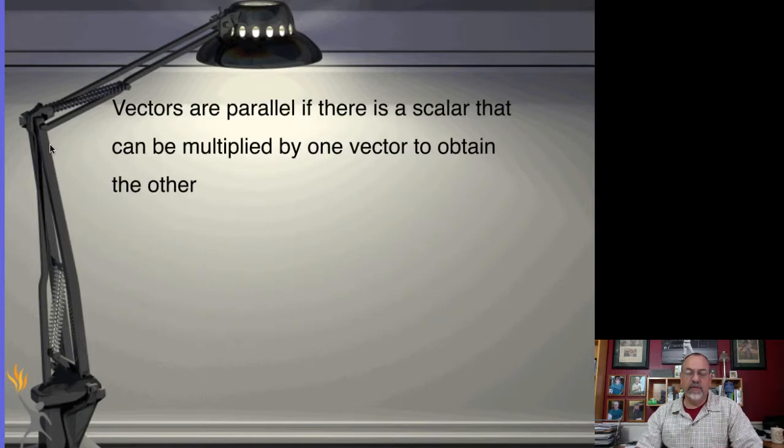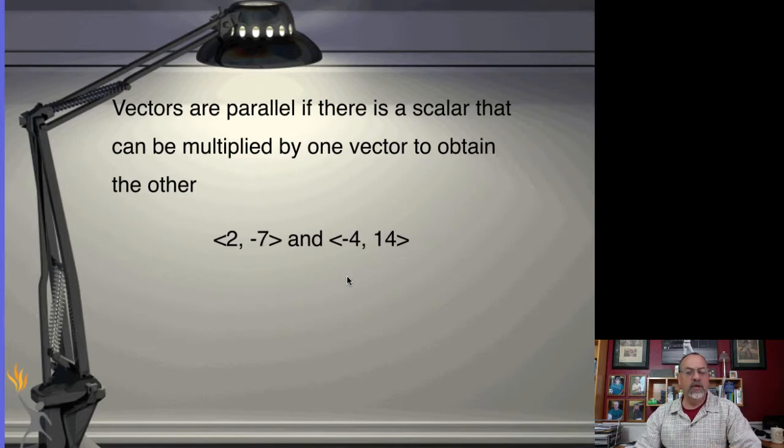Now, how can we tell if they're parallel? Well, the vectors would be parallel if there is a scalar number that you can multiply by one vector in order to get the other. In other words, take the vector 2, negative 7, and the vector negative 4, 14.